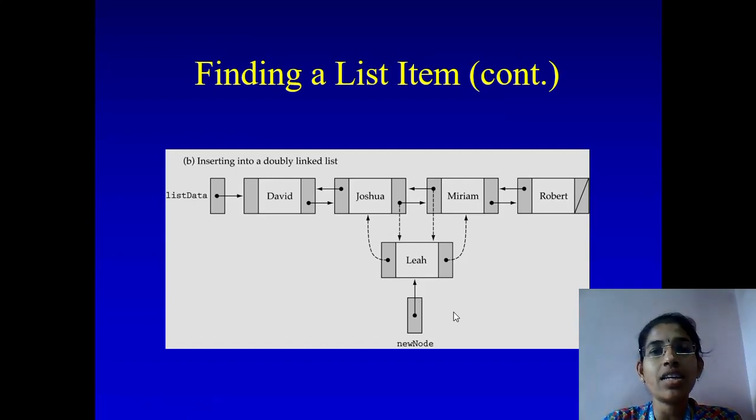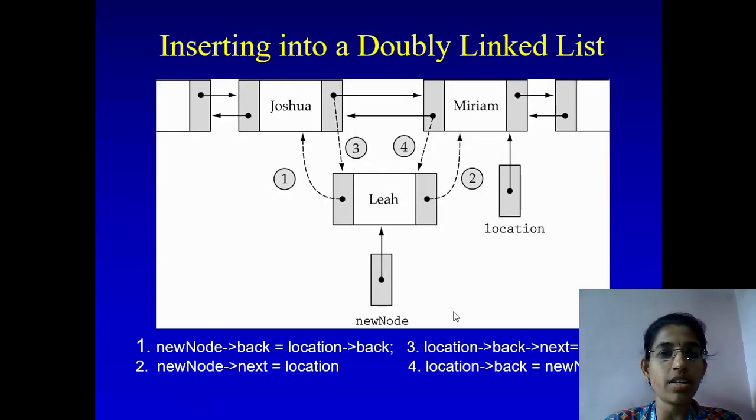You can insert anywhere. Same for deleting a particular element, whether it is in the final place, the middle of the list, or the first element of the list. These are the operations done in a doubly linked list.